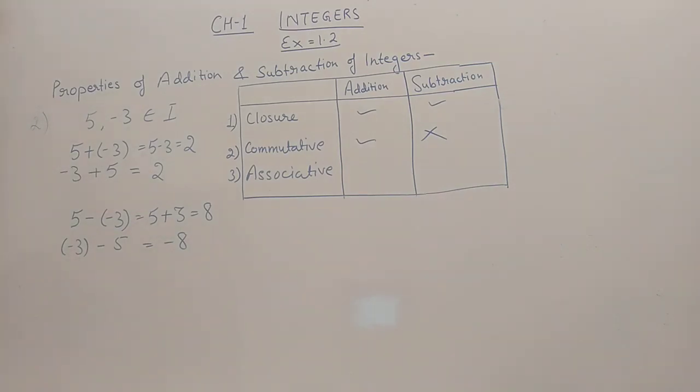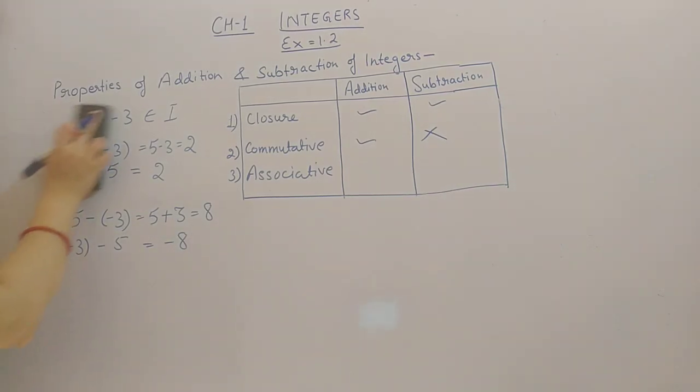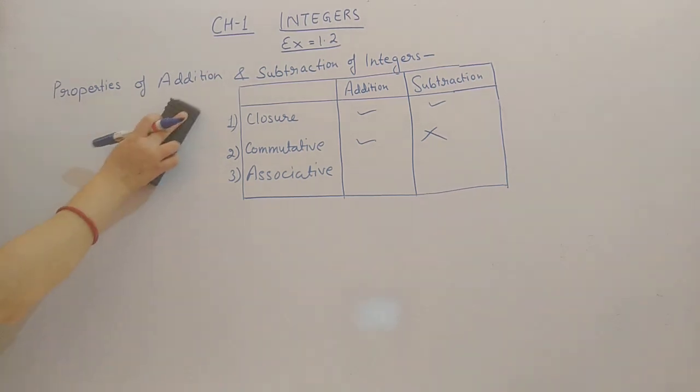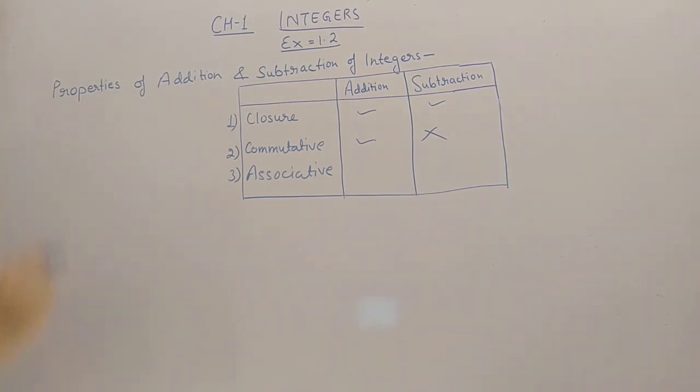Now we will check the third property, associative property. According to the associative property, if we have three integers, suppose we have three integers 2, -3 and 5. Now first we will add these three integers in different order.